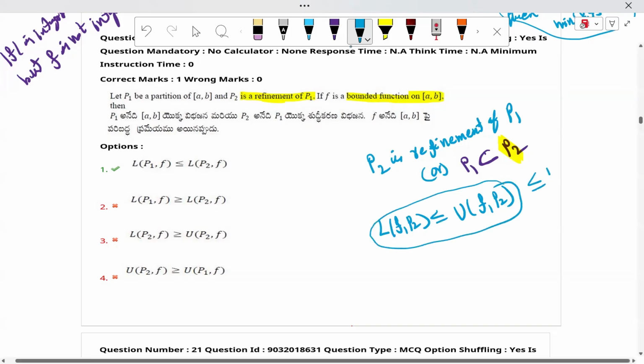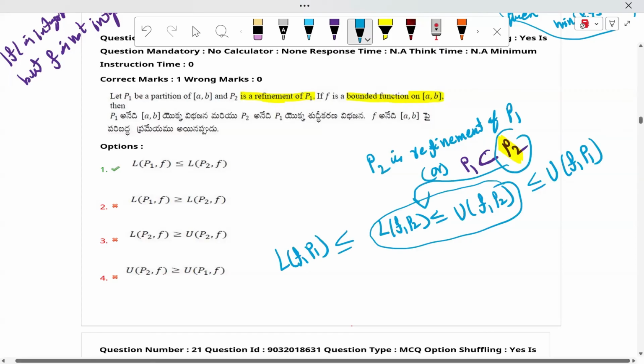It is less than or equal to upper Darboux sum of F comma P1 and greater than or equal to lower Darboux sum of F comma P1. వీటి మిడిల్ లోనే ఈ రెండు ఉంటాయి. ఏదైతే బిగ్ అవుతుందో ఆ బిగ్ అనేది మిడిల్ లో వస్తది, అది గుర్తుపెట్టుకోండి.